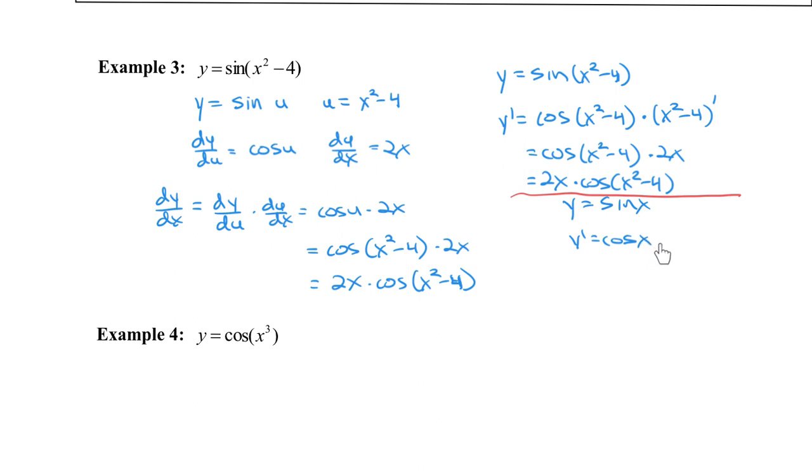It's just 1, so we actually don't do anything with it. So when the argument is plain old x, we just take the derivative like we did in 3.3, derivative of sine of x, cosine of x. But if this is sine of 2x, we need the chain rule. If this is sine of square root of x, we need the chain rule. Sine of x cubed, we need the chain rule. If it's not plain old x, we need the chain rule.